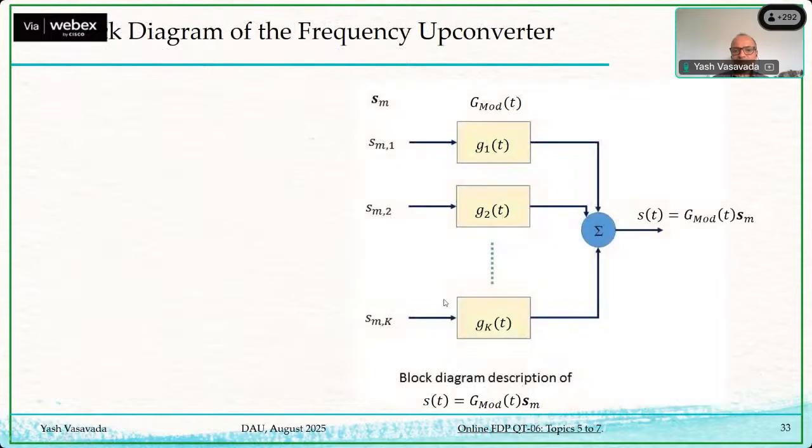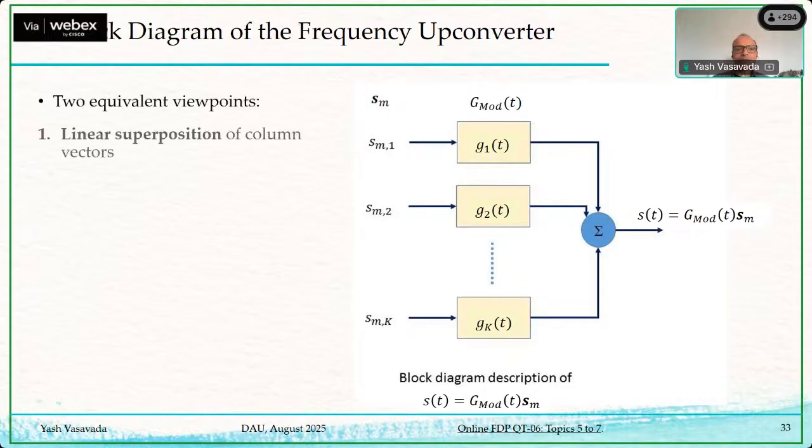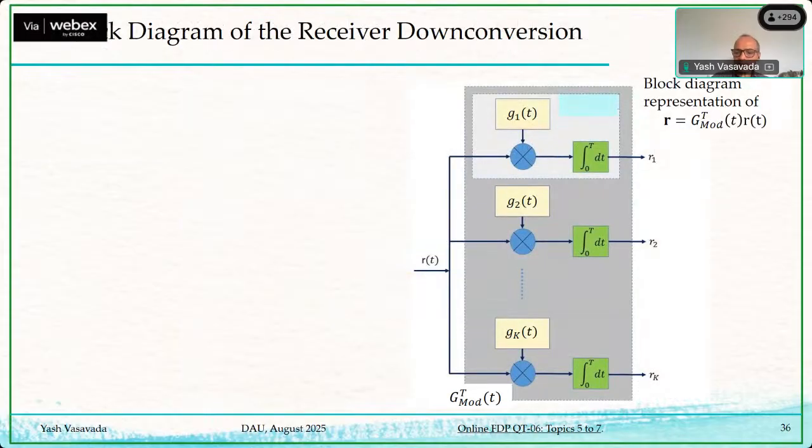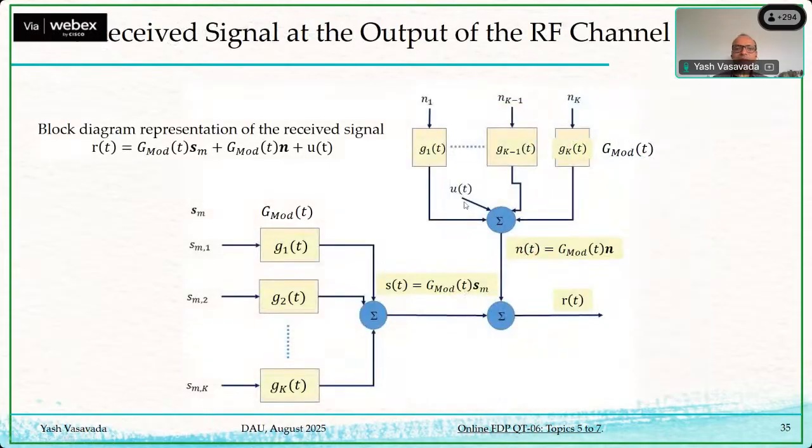It could be up to as many as capital K dimensions. You can choose capital K to be as large or as small as you wish, but the principle remains the same. And the other thing that we will see is that once we apply this linear algebraic representation, even this additive noise can be represented as this K-dimensional vector n.